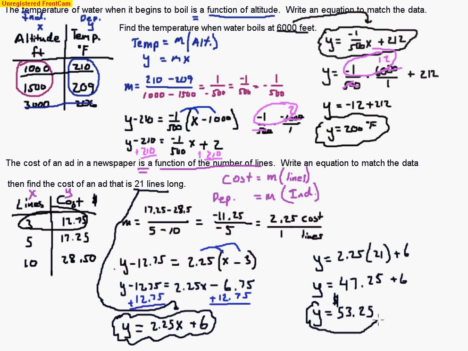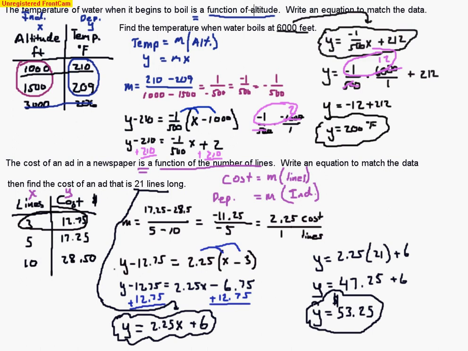So those are some examples of word problems that we have to write into an equation. The key is to look for what is x and what's y. And remember that x is always going to be the independent event. y is the dependent event. So you've got to think about what depends on what. Temperature is dependent on altitude.